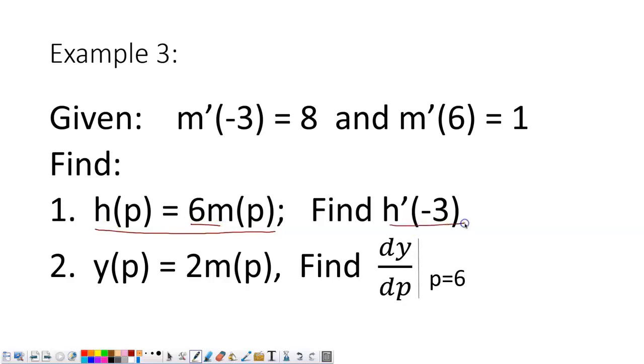So to find h prime of 3, the first thing I'm going to do is find what is h prime of p. Well, according to the constant multiple rule, the 6 stays right where it is, and then we take the derivative of m, which is m prime of p. Now the problem's asking me to plug in 3.